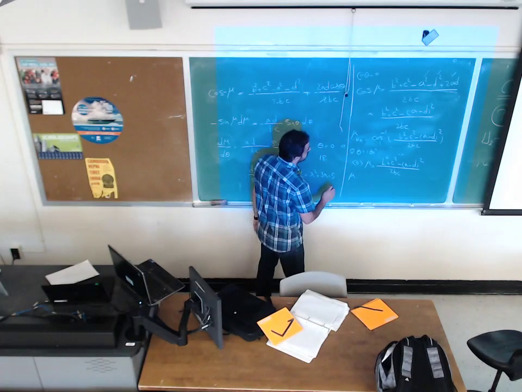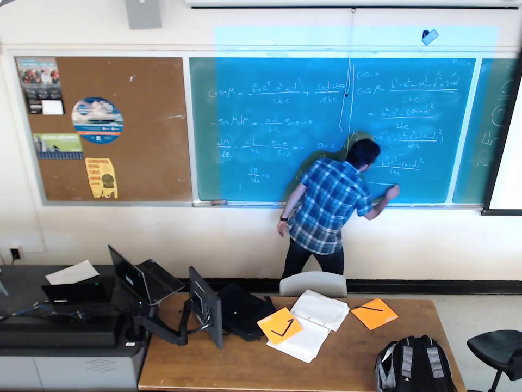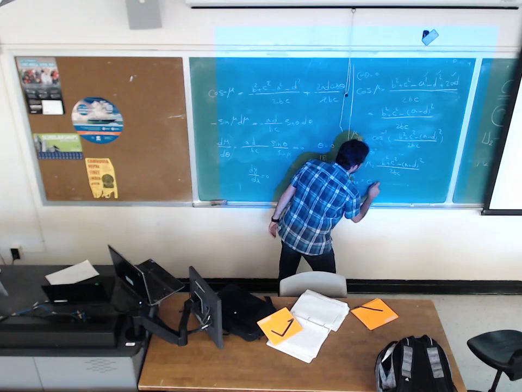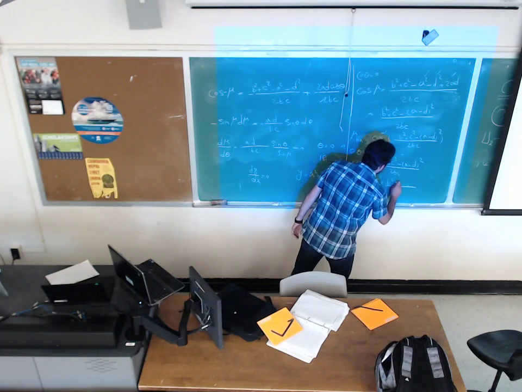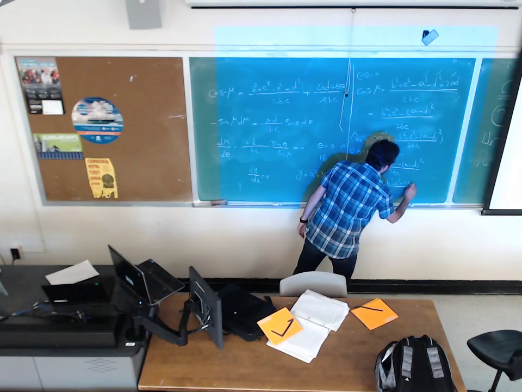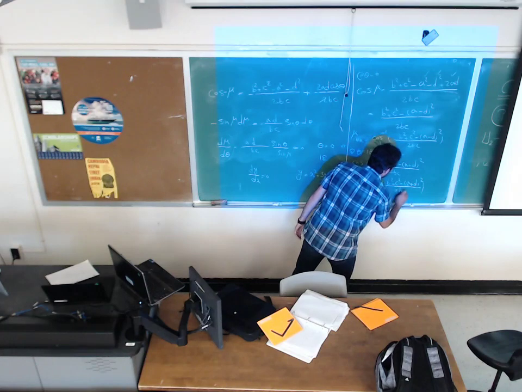mu max is going to be cosine inverse of d squared plus c squared minus (a plus d) squared divided by 2d.